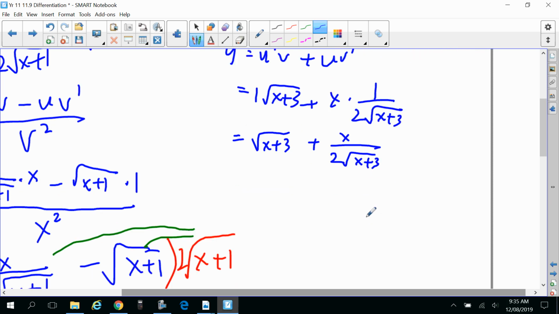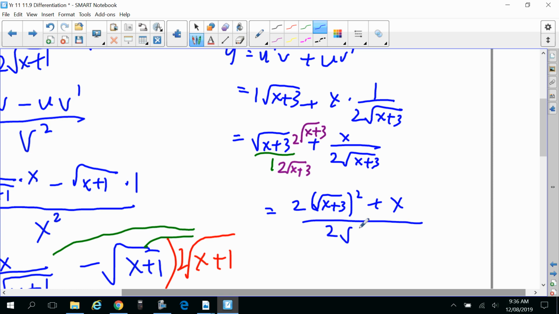Yeah. All right. Oh, how do I combine them? This time, there's nothing to times top and bottom. You make a common denominator. 2 root x plus 3, 2 root x plus 3. Keep going. Root x plus 3, you square it. Plus x, so that they have the same denominator.